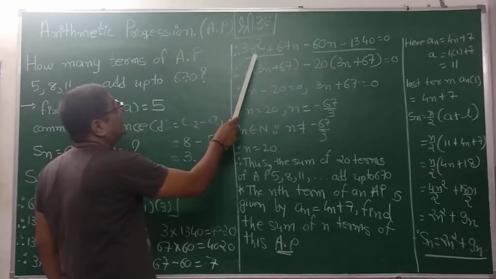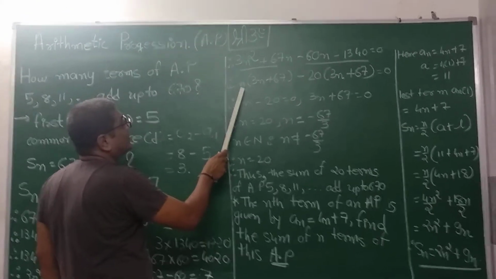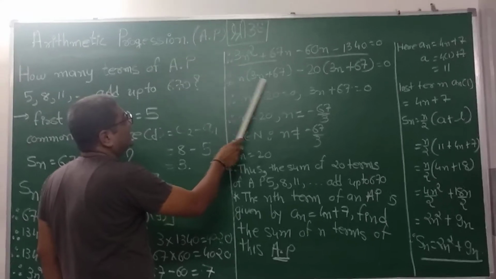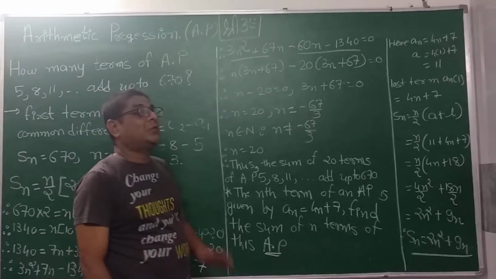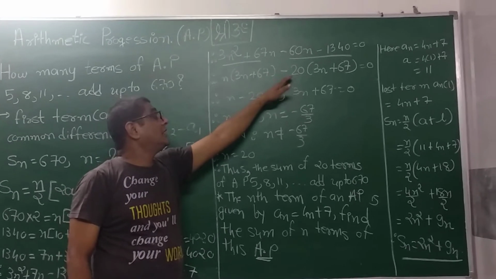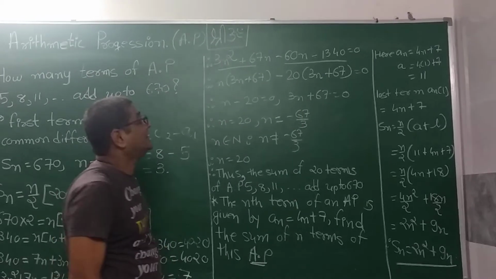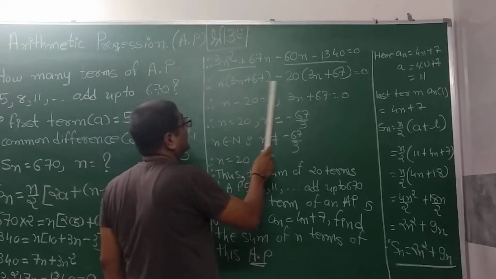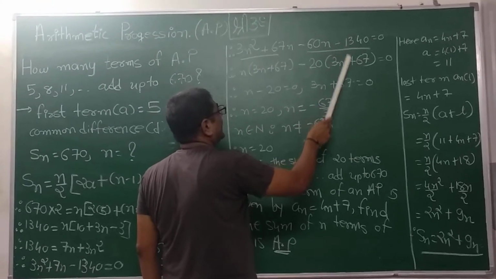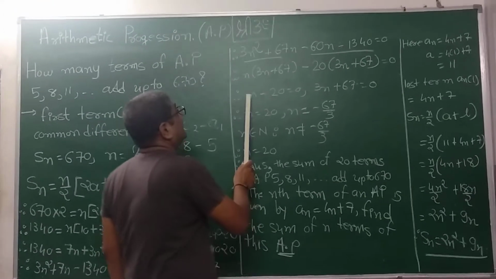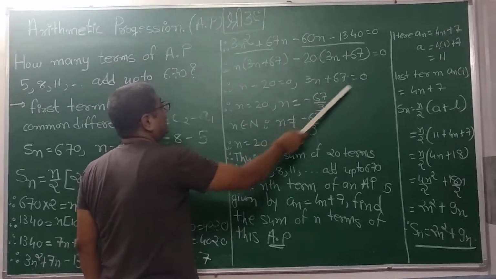Now we have to divide and rule, that is make a pair, by distributive property. From the first two terms, n is common, so inside the bracket 3n plus 67. From the third and fourth terms we take a common factor in such a way that the bracket remains as it is, so we take out 20 common. Here it is minus, so it becomes n minus 20 is equal to 0 and 3n plus 67 is equal to 0.